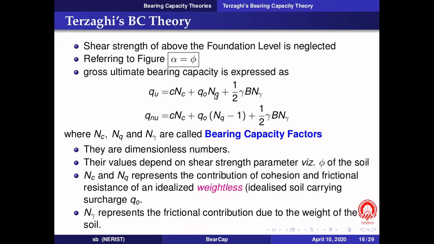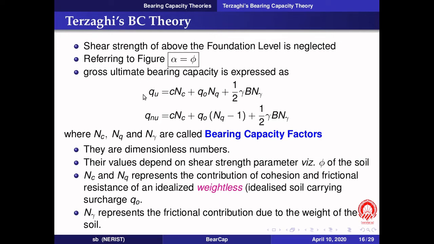This NQ is the bearing capacity factor related to the surcharge component of the resistance. And N gamma is the bearing capacity factor related to the frictional resistance coming due to the weight of the soil. They are dimensionless numbers which depend on the shear strength parameter of the soil, namely the phi.